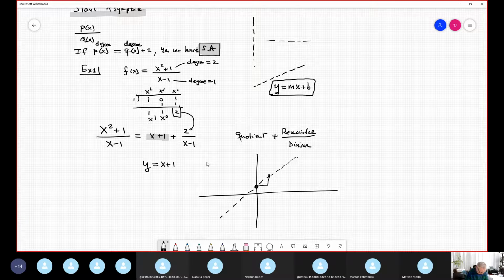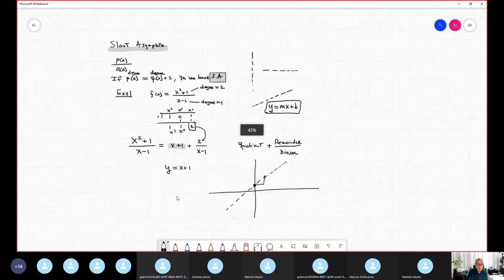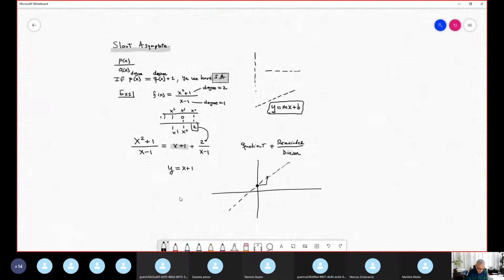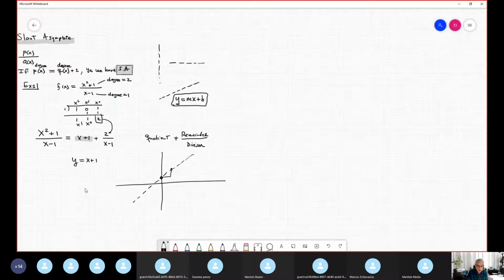Okay, guys. I bring several examples that summarize everything that we have covered so far. Oh no, let me try to do one more example of the slant, after we cover the example I bring for you. Okay, one more example. Find the slant asymptote in this rational function.